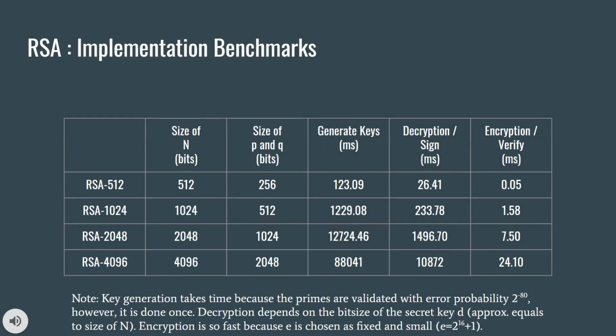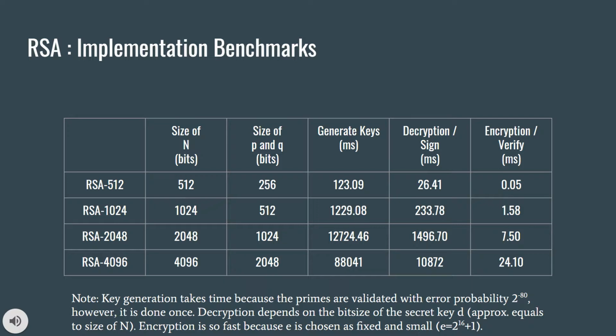RSA implementation benchmarks. RSA depends on the size of n, which is the product of p and q. The size of n becomes 512, 1024, 2048, or 4096.